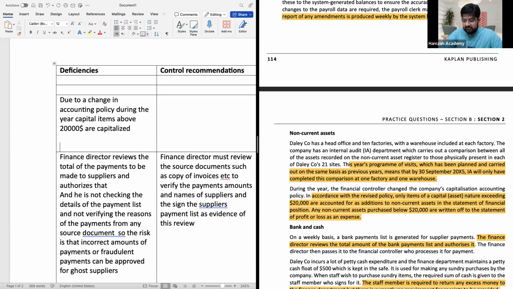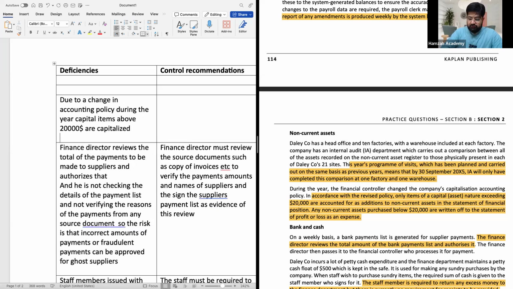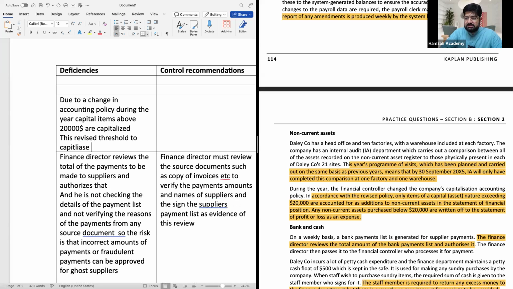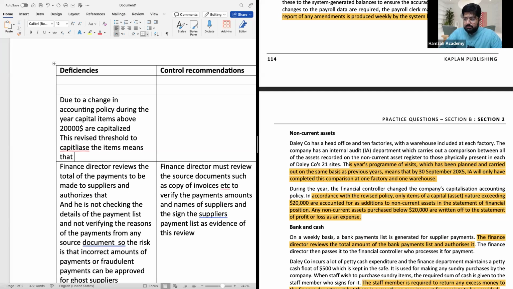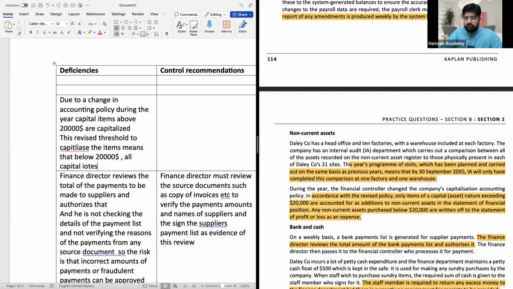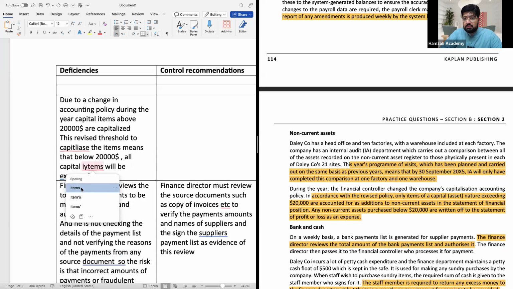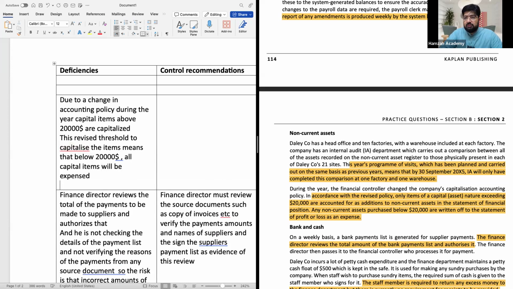So this revised threshold to capitalize the items means that below $20,000, all capital items will be expensed.